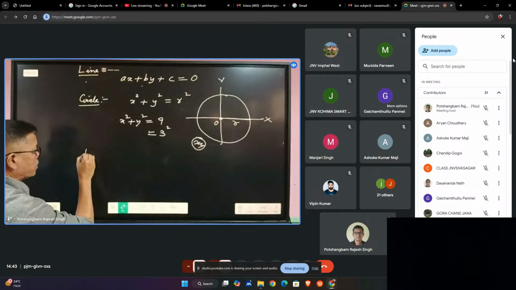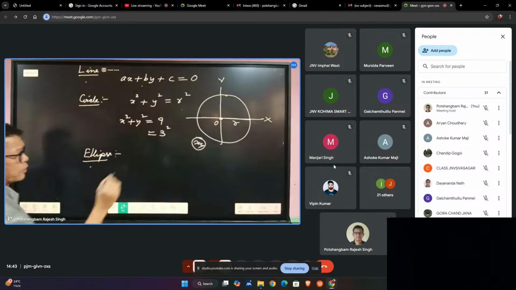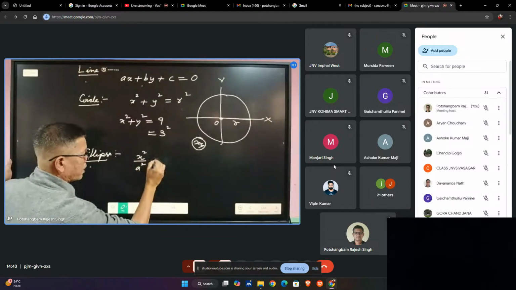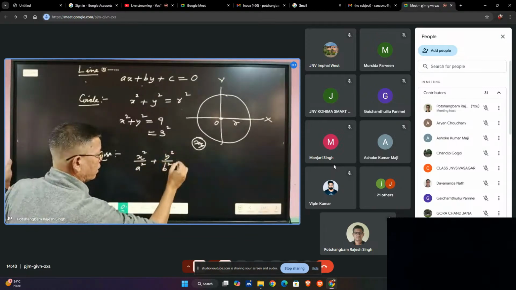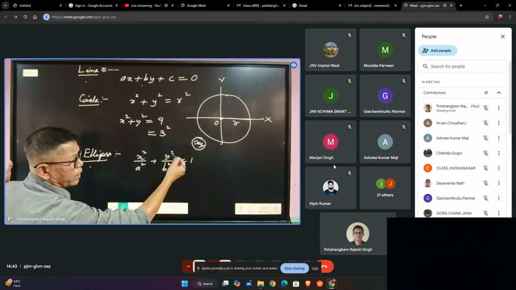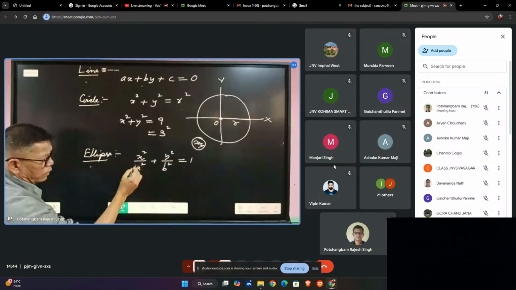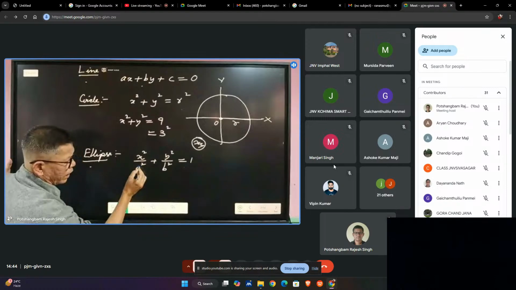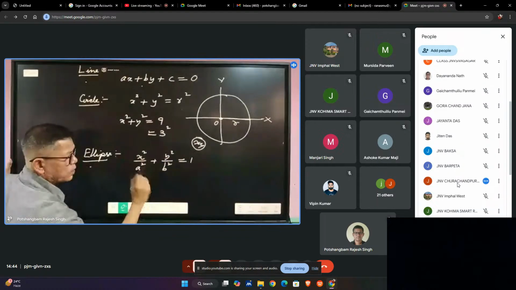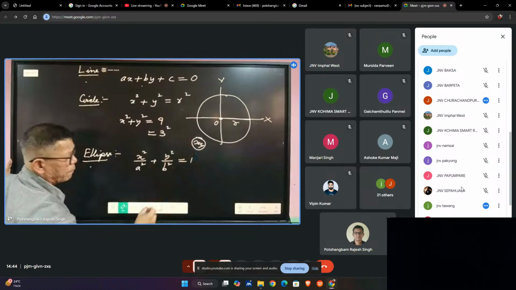Next is the ellipse. You know the standard equation of the ellipse is x squared by a squared plus y squared by b squared equals 1. In this case also, the denominators of x squared and y squared should be written as perfect squares. Here a represents the length of the semi-major axis of the ellipse, and b represents the length of the semi-minor axis.